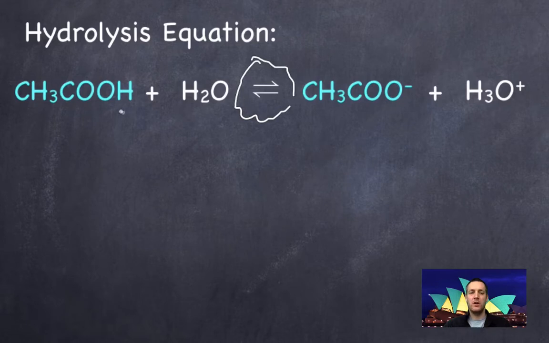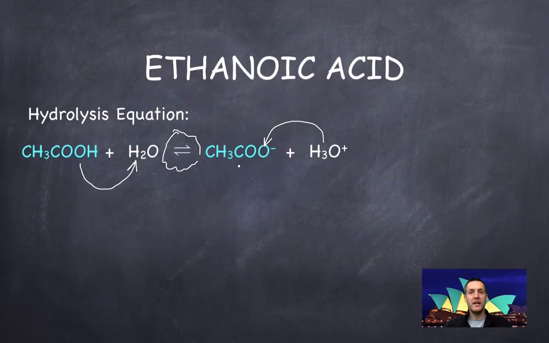So in other words, not only does ethanoic acid give H+ ions to water, but the ethanoate ion can accept H+ ions from H3O+ and turn back into ethanoic acid. Now if you're a weak acid, like ethanoic acid, that means that not all of these reactants have turned into products when we reach equilibrium here.